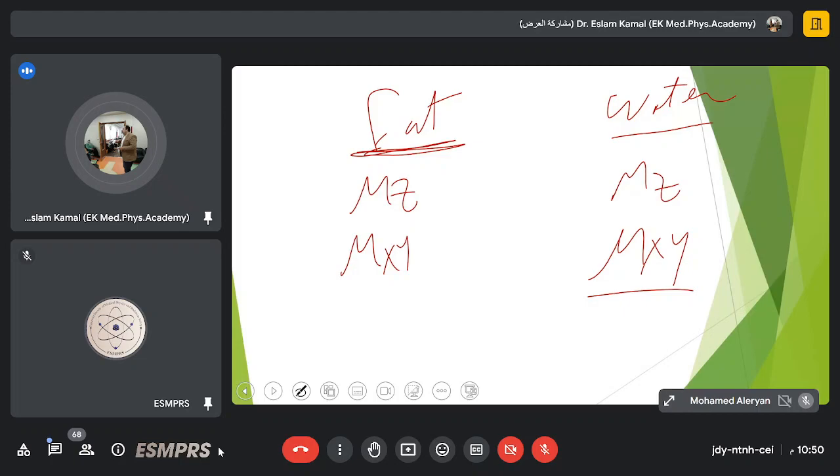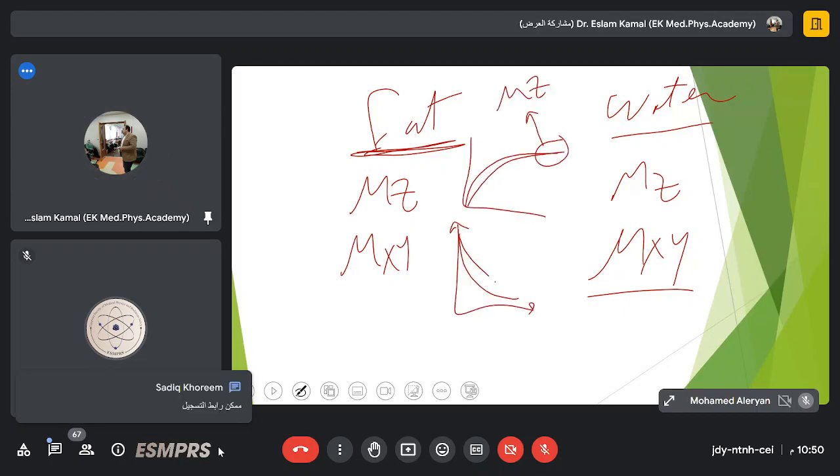For example, at a certain point here, MZ for fat and water have the same value, yes? But for MXY here, if we measure the signal at this point, the MXY for fat and water is different, not the same value. You get the point?